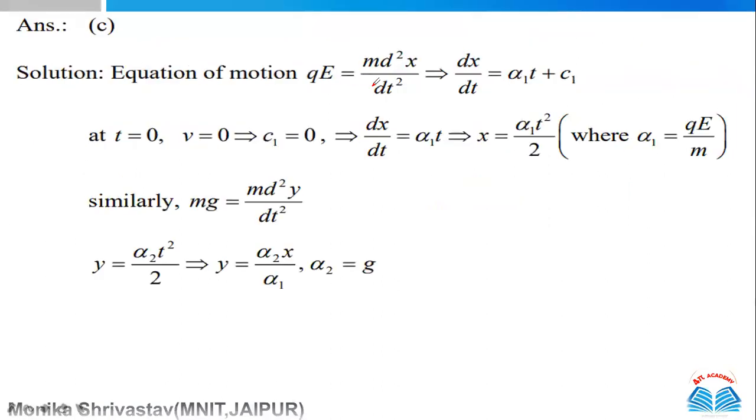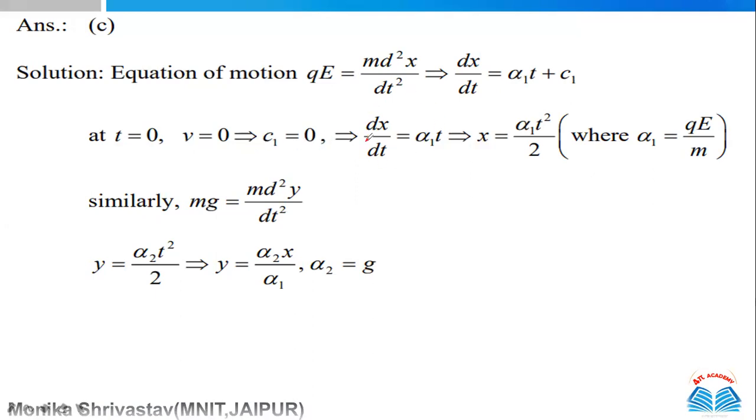So we can use the equations of motion F equals ma and F equals qE. The electrostatic force will be equal to ma, meaning acceleration, d2x over dt square. From here, if we do one integration, then dx over dt will be this. At t equals 0, initially the particle was at rest, so there was no velocity, v equals 0, and that is why c1 will be equal to 0.